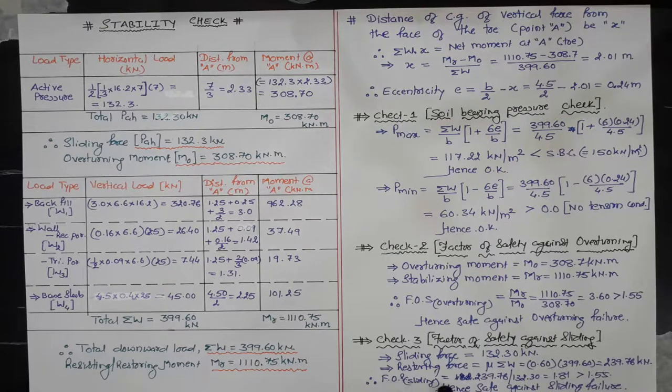Factor of safety against sliding is restoring force divided by sliding force, that is 239.76 divided by 132.30, which comes out to be 1.81, which is greater than 1.55. 1.55 is the limiting condition given in clause number 20.2, page number 33 of IS 456-2000. Since our factor is greater than the limiting factor, we are safe against sliding.